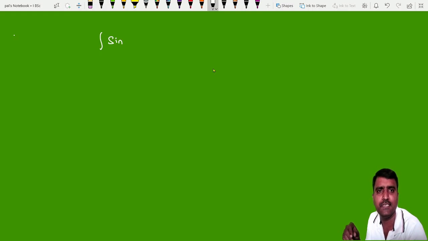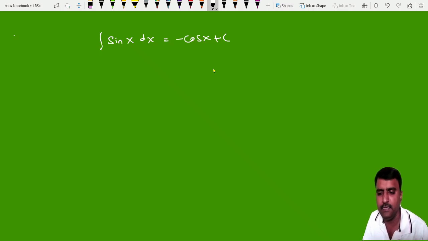This time I'm using a different type of board, a colored green board, for some change. So integration of sin x dx is equal to minus cos x plus c.